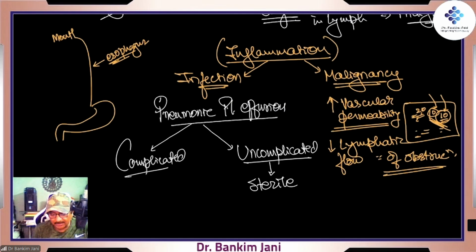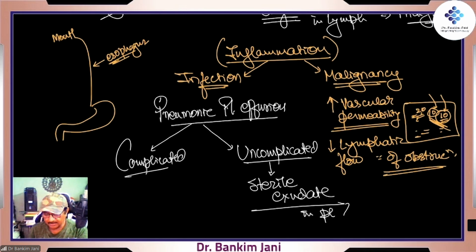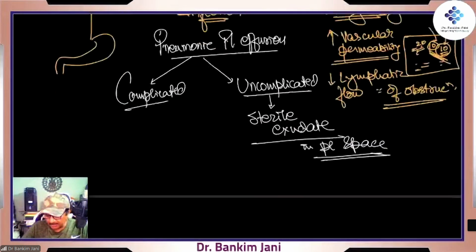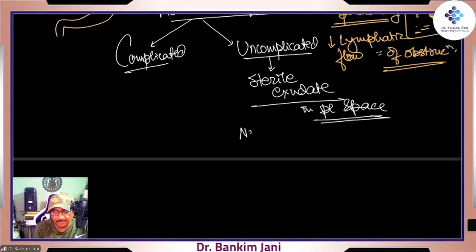So this is sterile exudate. There would be red cells, there would be WBCs, but there are no bacteria. So sterile exudate in pleural space is what is called uncomplicated. In that there would be normal pH, which means everything is fine.